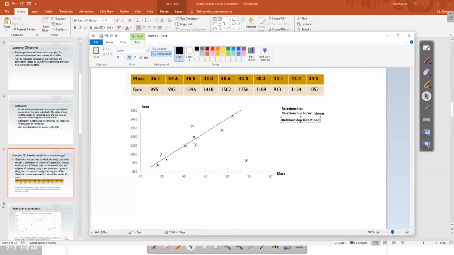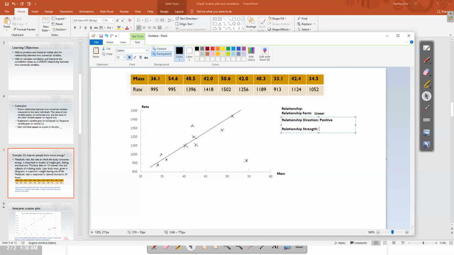For that direction, we call it a positive relationship. And if x increases, y will decrease, that will be a negative relationship, right? And of course, this is a positive relationship. The slope is positive.